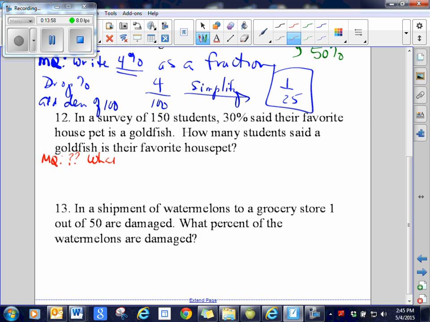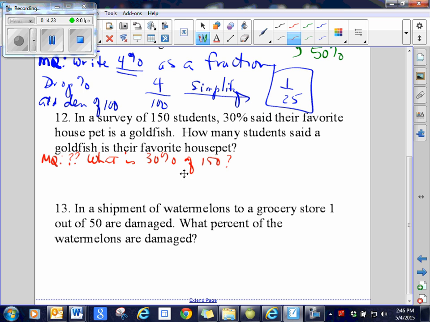What is 30% of 150? If you will take a minute on these word problems to write the math question, you will very rarely make a mistake. If you just hurry into the problem without really asking yourself what's the math question, sometimes it's easy to get it wrong.